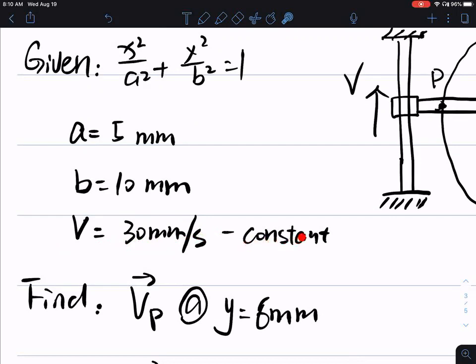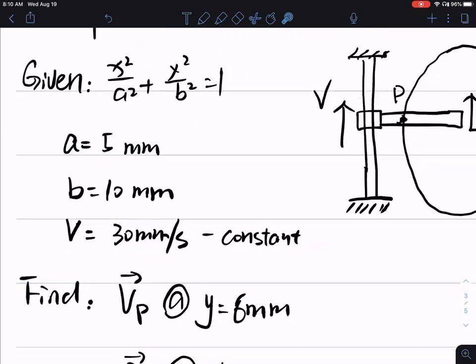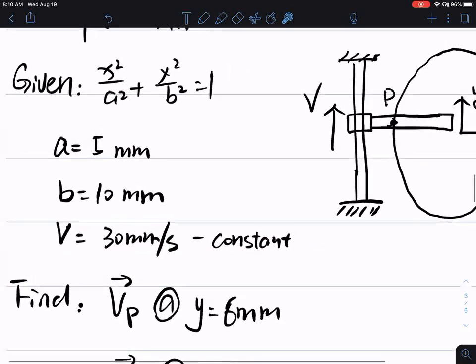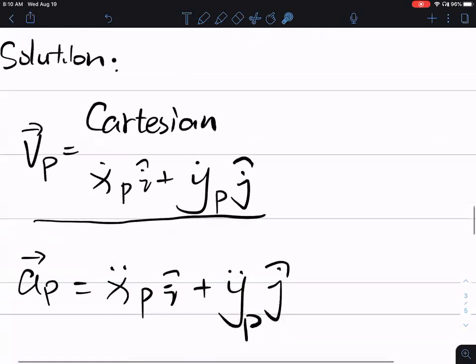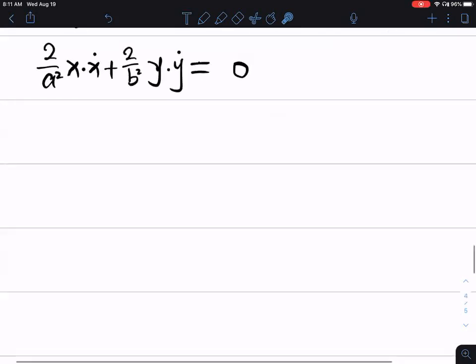And what's the direction of V? It's going up. Okay, now let's come back. Now I have a question to ask you. What's the relationship between V and y dot? What's the relationship between those two variables?